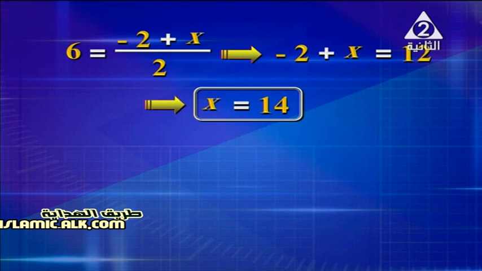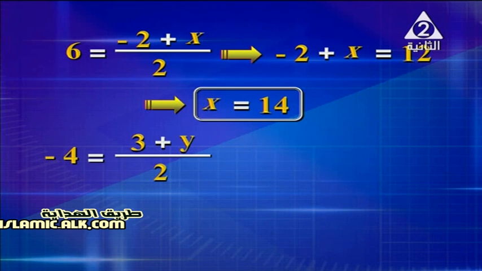Then can you find the value of the y coordinate of the point B? Of course, yes. The y equals the y. So it is -4 equals (3 + y) over 2. By making cross multiplication, you are going to notice that 3 + y equals -8.